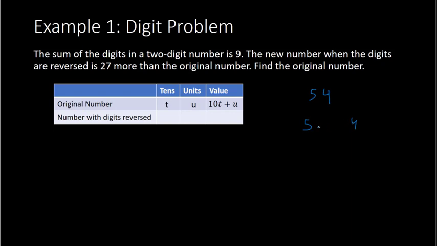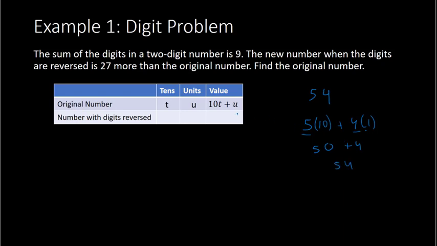If that's all we knew, 5 and 4, we can determine the value by taking 10 times the 5 and then plus 1 times the 4. That's the tens place, and this is the ones place. So 5 times 10 is 50, plus 4 is 54.